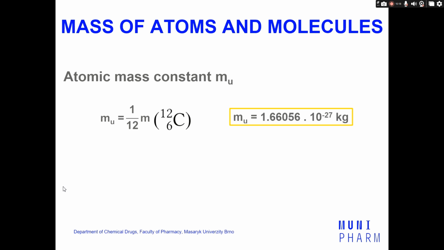Sometimes, the atomic mass unit is called the atomic mass constant because the value is always the same. And for us, it is one of the constants we have to learn by heart. Important is that the numerical value of the atomic mass constant is given in kilograms. When we want to use it, we have to use the mass also in kilograms.